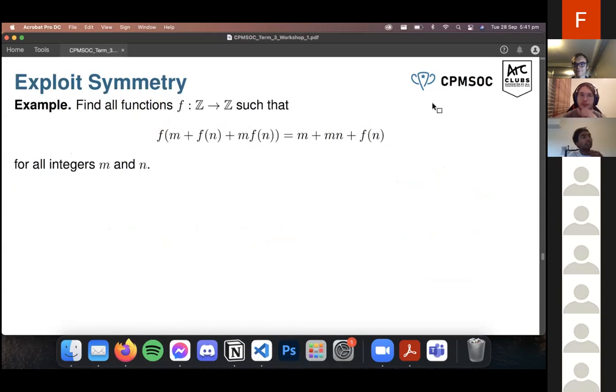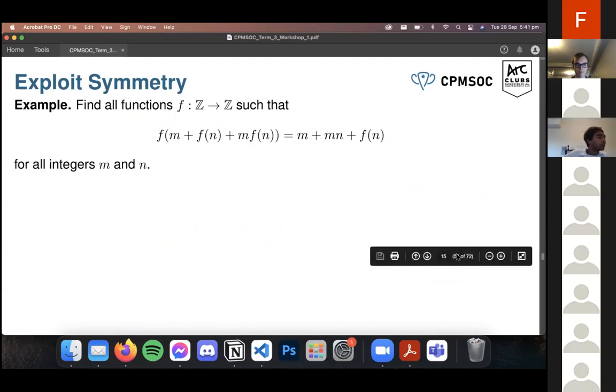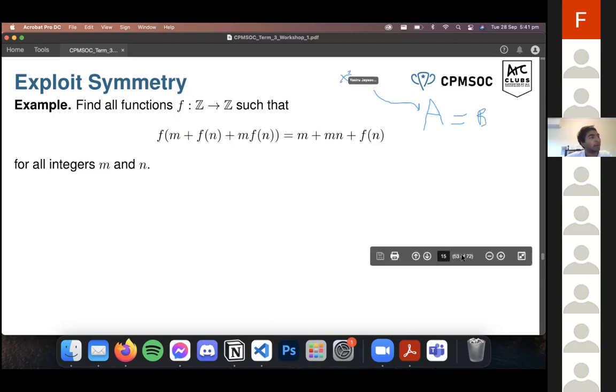Now, exploiting symmetry. The main idea behind exploiting symmetry, I can show an example. If we have, let's say, A equals B, and A is a symmetric expression using some variables, for example, x squared plus y squared is symmetric in x and y.